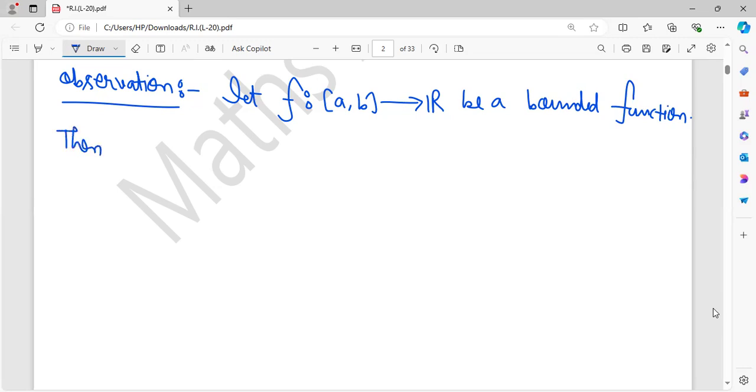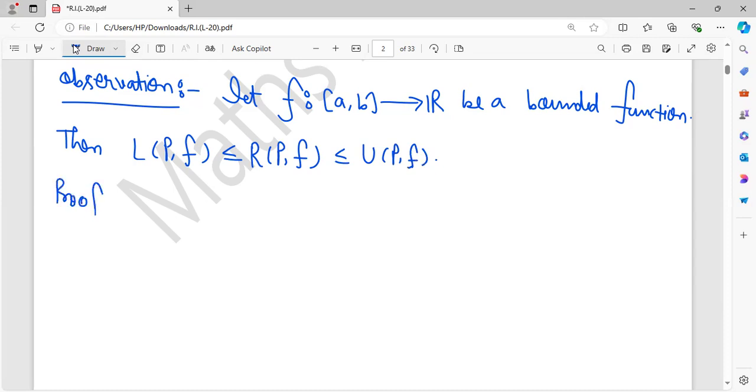Then L(P, f) is less than or equal to R(P, f) is less than or equal to U(P, f). Why? Let's see its proof.